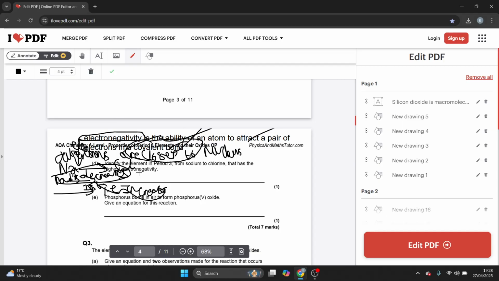So the one with the highest electronegativity is the one with the smallest atomic radius. If it asked me that, I would say chlorine. So the answer is chlorine.